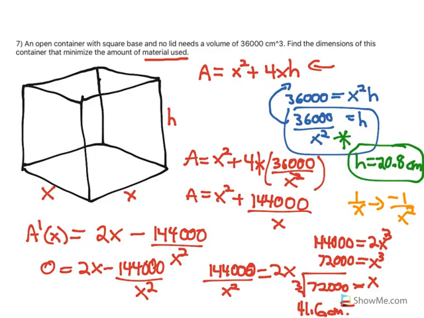Hopefully that's helpful. Again, going through those steps for optimization. Get a formula for the thing that you want to optimize, area in this case. Use the other piece of information to substitute out and get that formula in terms of one variable. Differentiate, set equal to 0, and solve for x. Then you always want to go back to the question and determine what they asked for, and in this question they asked for the dimensions, so we found x and h.